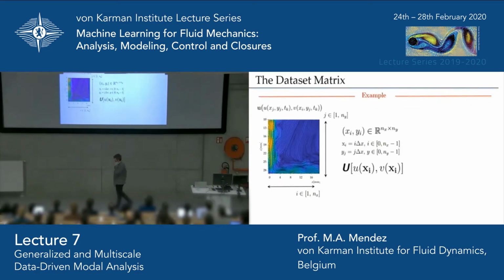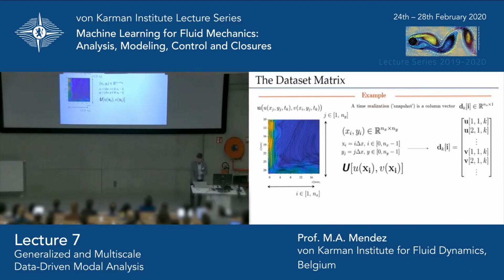Yesterday we've seen snapshots of many kinds, even including different physical quantities, or even different time steps of the same thing, as we've seen yesterday in the last lecture. So the point is that at a certain time step, you have a vector. In this specific case, the vector will be of size ns, which is 2 times nx times ny, because it's a vector, so you have 2 components.